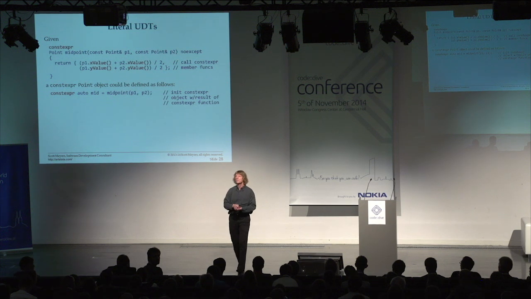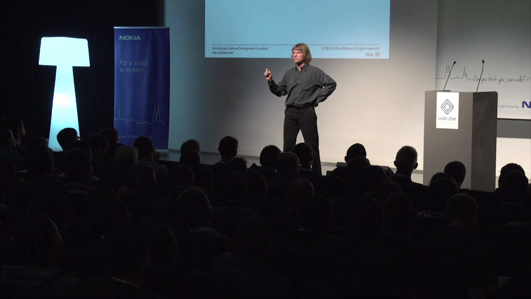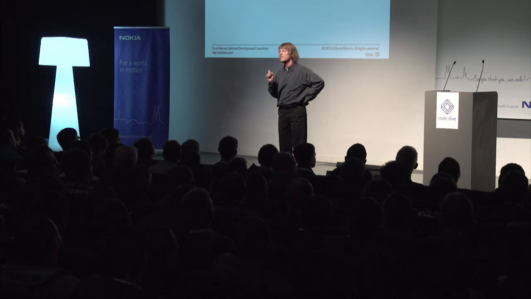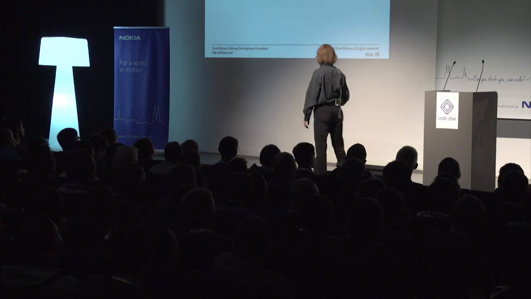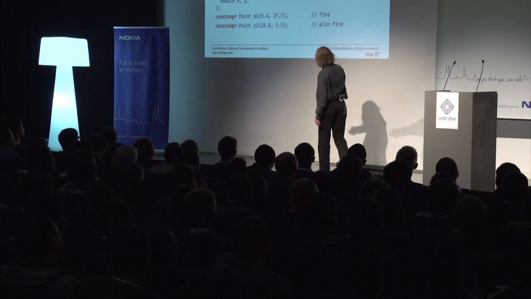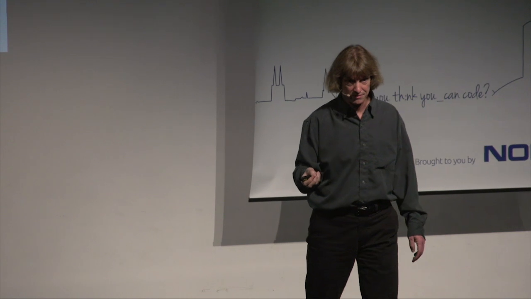Right. Okay, so the second question was, if I have declared a member function constexpr, does that imply that the member function is const? The answer in C++11 is yes. And that is why, in fact, when we go back and I showed you these setters here, these setters in C++11 cannot be declared constexpr because they're assigning to x and y, which would implicitly be const in a constexpr member function in C++11.